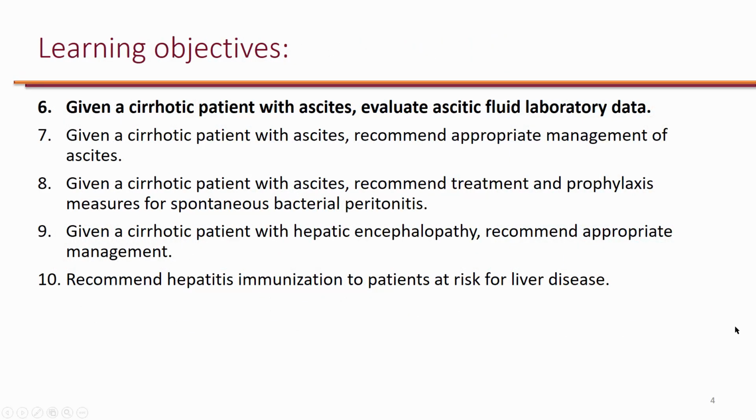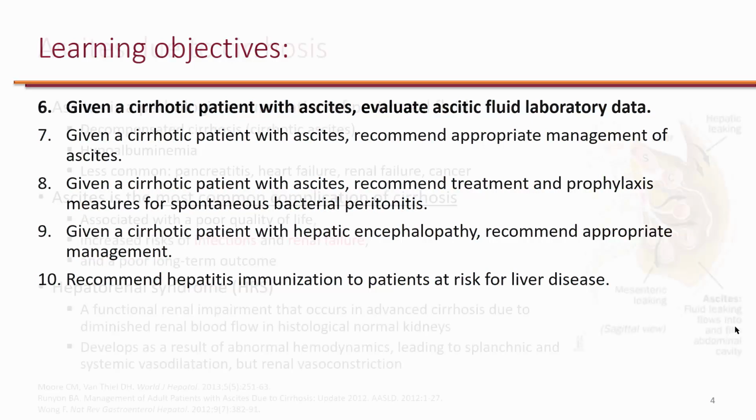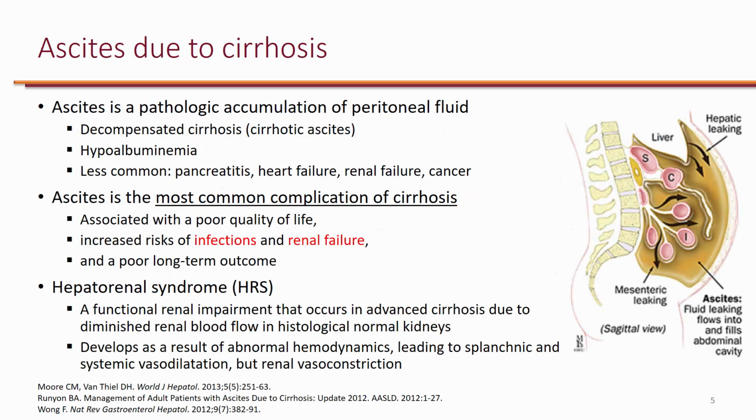The next learning objective is, given a cirrhotic patient with ascites, evaluate ascitic fluid laboratory data. Now, what exactly is ascites? Ascites is the pathologic accumulation of peritoneal fluid. So in this picture on the right hand side, you can see that we are looking at the patient sideways. Here's the liver and here's the peritoneal space.